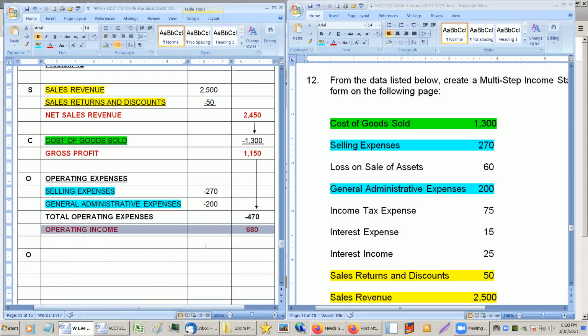We'll talk about that in a little bit here. But a lot of times people who analyze companies, they really look at this number even more than the net income.